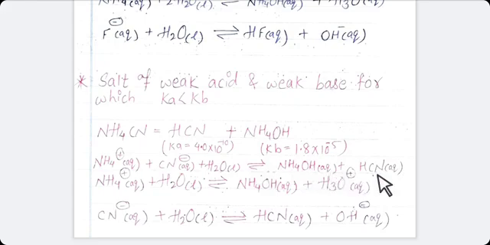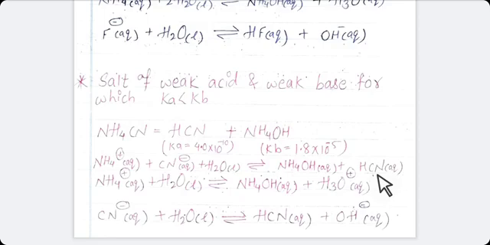The base NH4OH is stronger than the acid HCN. As you have seen, NH4OH is the base and HCN is the acid. So NH4OH is a stronger base than HCN is an acid.